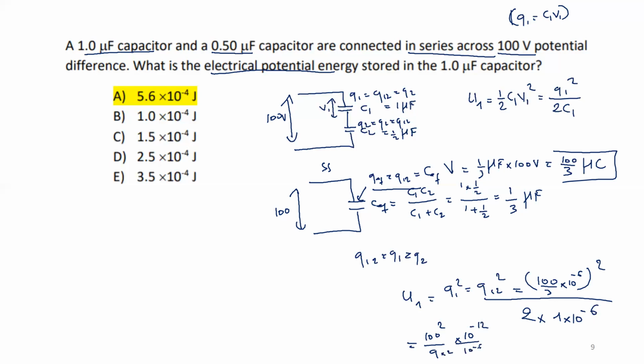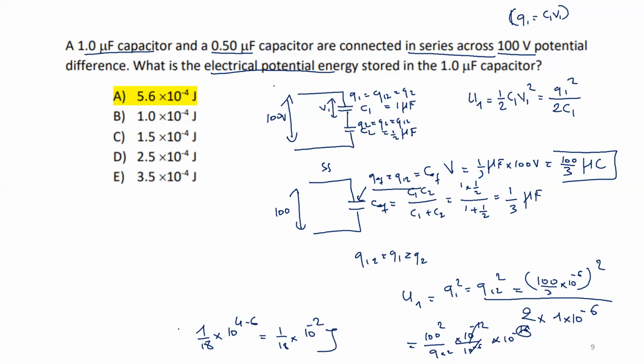And don't forget the 2 here. So this gives you 10 times 10 to the power minus 6, so this is 1 divided by 18, 10 to the power minus 2 joule.